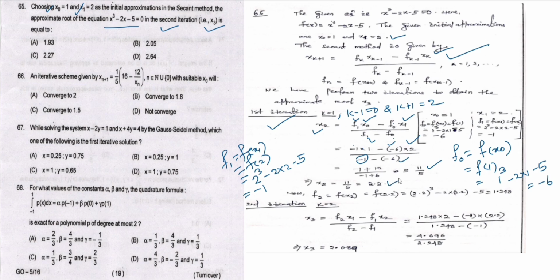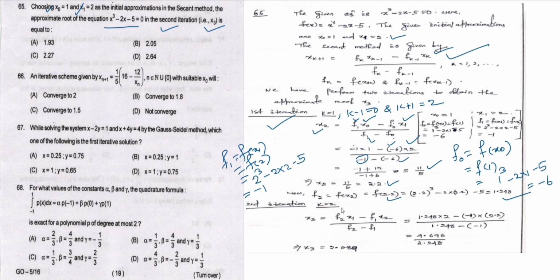Now since we have to perform another iteration, we need the value of f2, that is f of x2. So now we calculate f of x2, which is f of 2.2. f of 2.2 means 2.2 to the power 3 minus 2 into 2.2 minus 5. So we will get 1.248. Now let us perform the second iteration for k equal to 2.